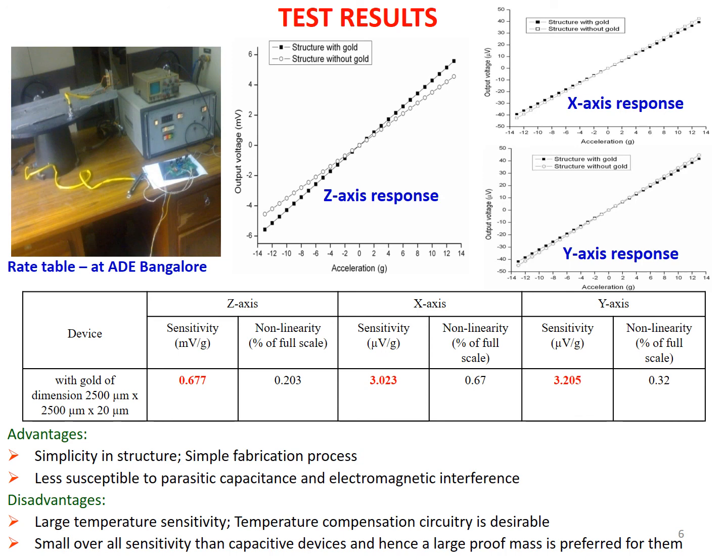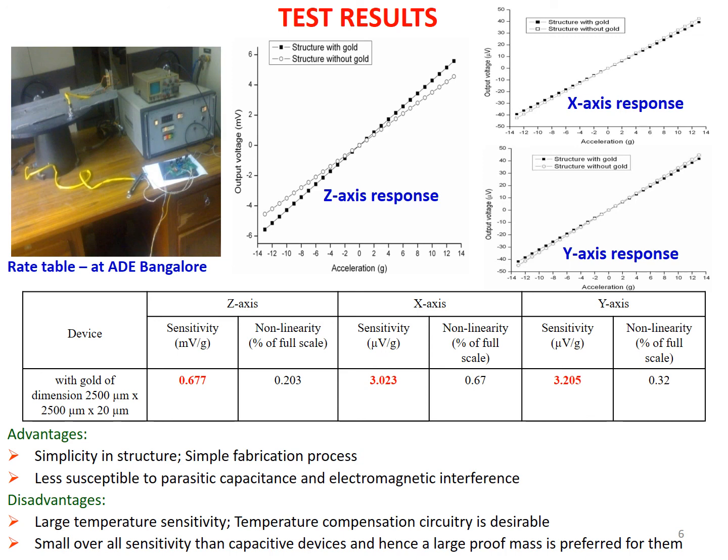The requirement for this gold deposition is that it will increase your sensing axis sensitivity, and it can reduce your off-axis or cross-axis sensitivity. So it is mainly because of the gold that you can reduce your undesired cross-axis sensitivity, right?